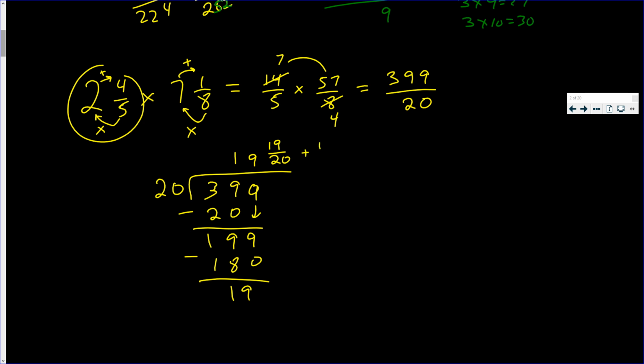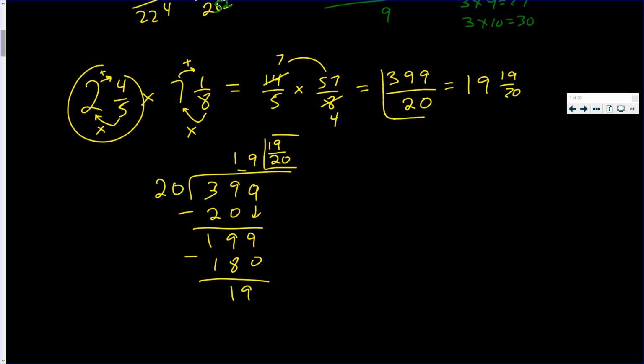You'd have to add 1 over 20. So this would become 20 over 20, which is 1 plus the 19. So it's very close to 20. So the answer is 19 and 19/20.